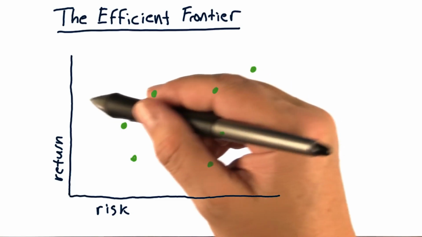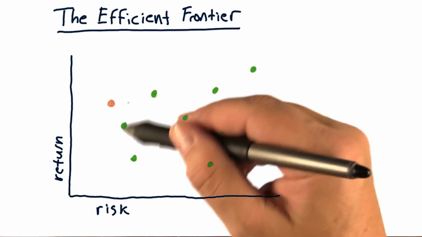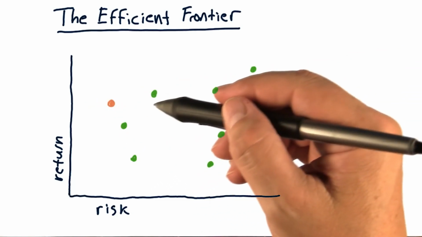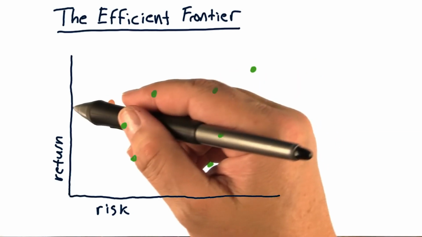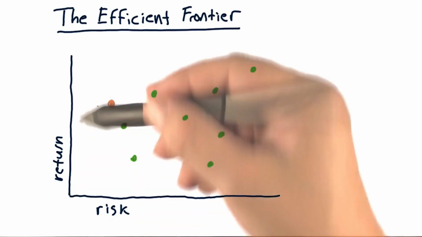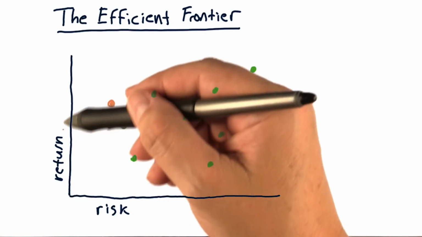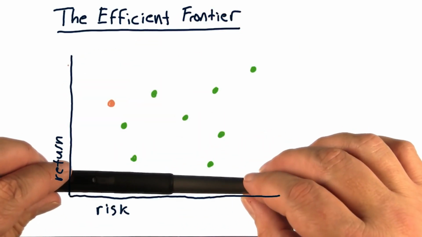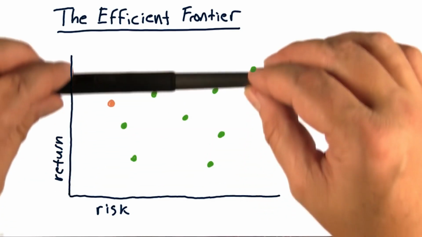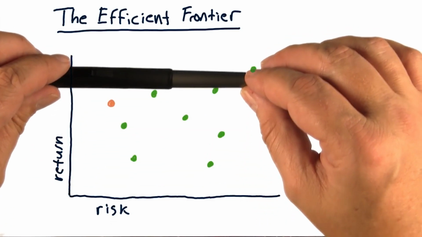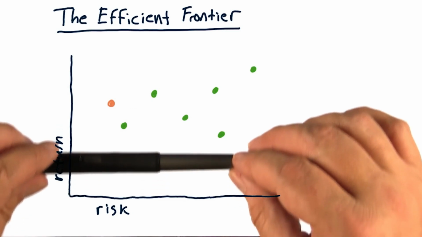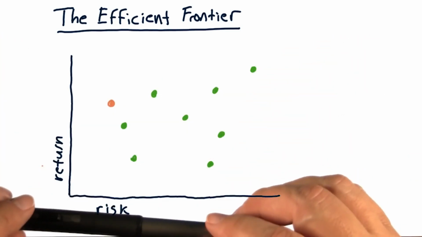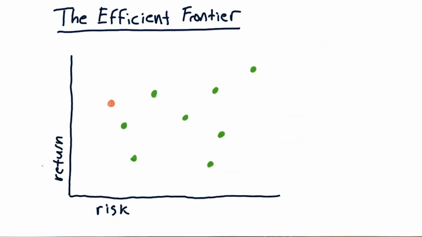In other words, this portfolio reflects weightings of all these assets that provides the lowest risk for this particular return. Now, we can compute this for all the potential returns from the minimum return stock here up to the maximum. And if we did that for all of them, in fact, there's an infinite number of them, so we couldn't really do it for all of them, you get a line.